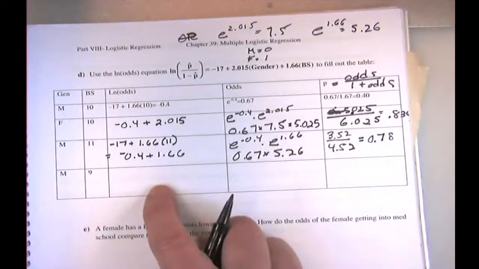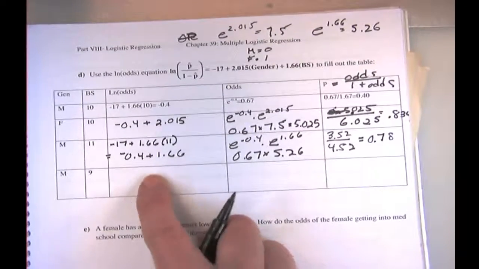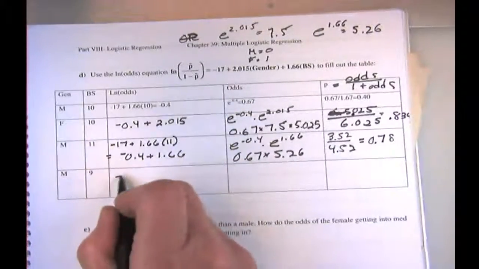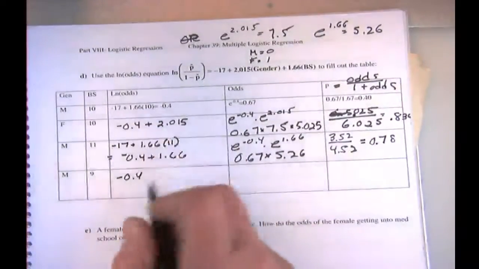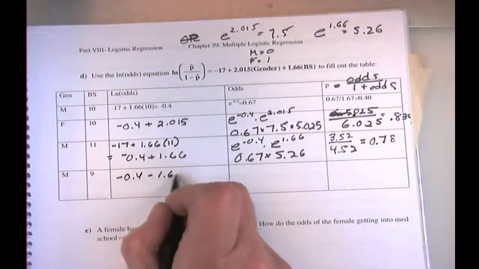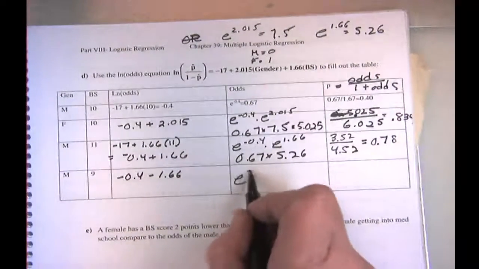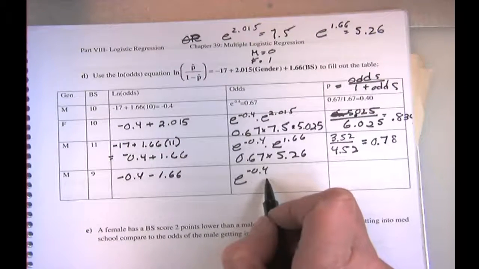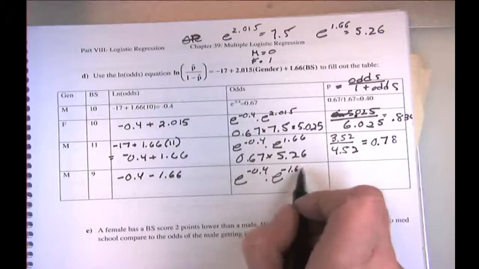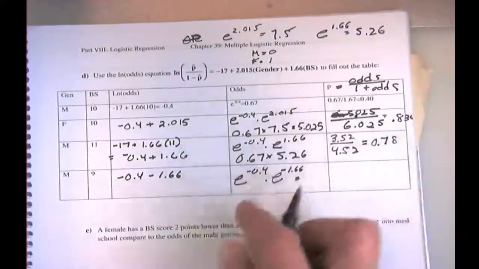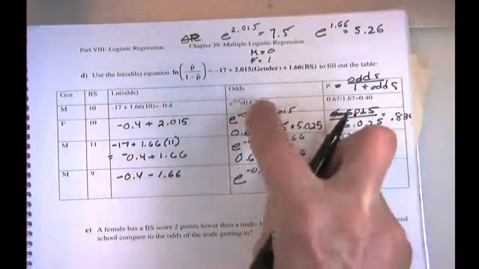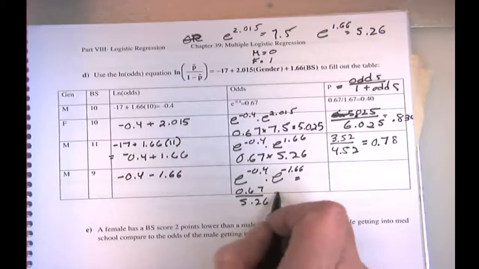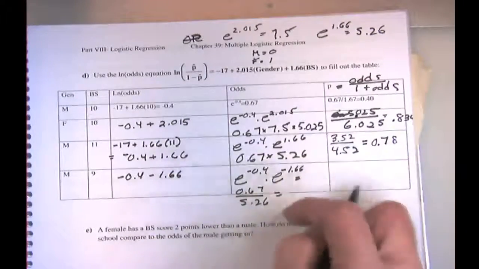All right, now we can finally do what happens if we go down a point. You could see what happens right here. It would be negative 0.4, and you'd go down by minus 1.66. When you exponentiate it, that's the same as dividing, right? Multiplying by the reciprocal. So it would be the same as taking that 0.67, and now we're going to divide by 5.26 instead of multiply, because you went down a point.